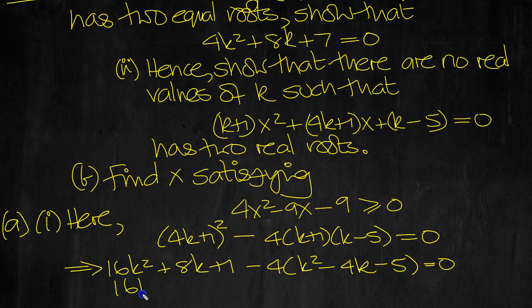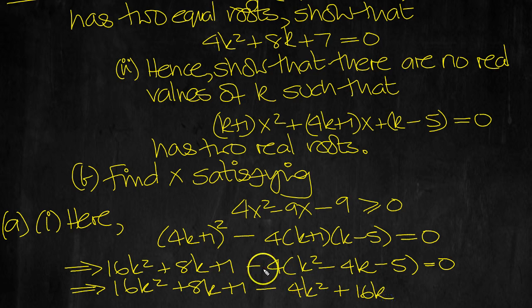So we end up with then 16k squared, plus 8k, plus 1, expand this, minus 4k squared, minus times minus is a plus, 4 fours is 16, lots of k, and minus times minus is a plus, 4 fives are 20, that needs to equal 0.